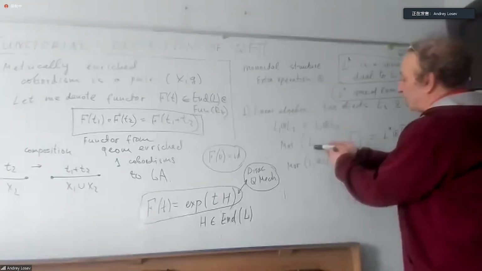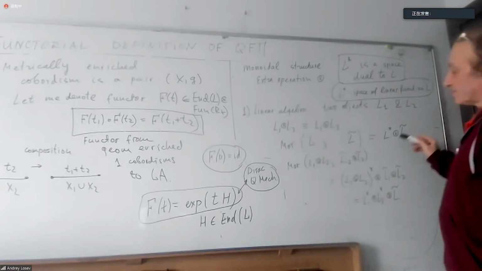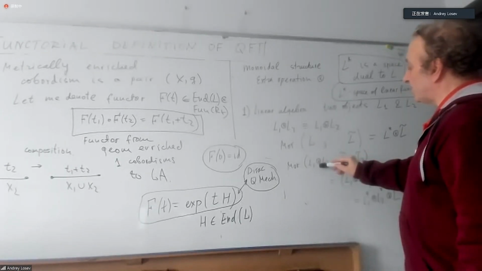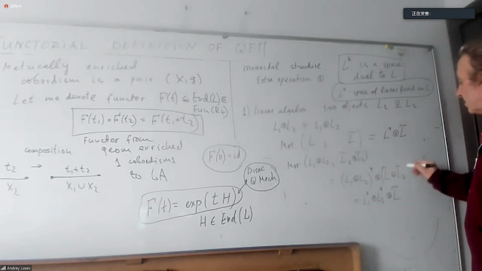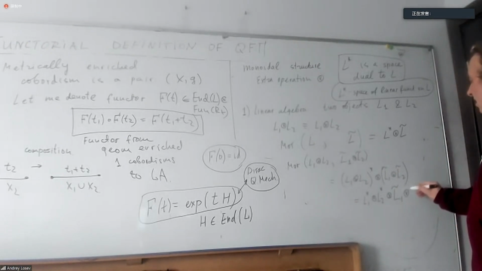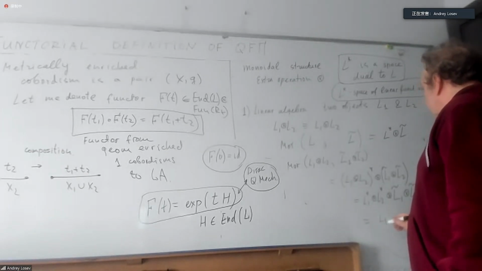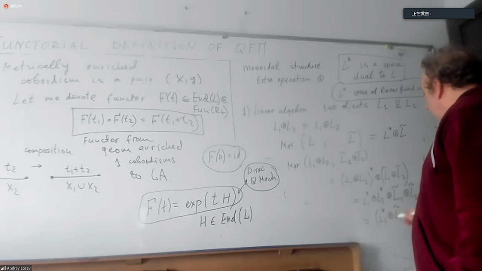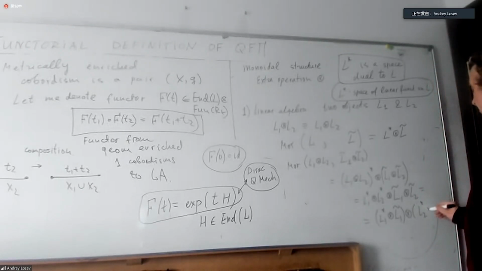So morphisms between L and L tilde belong to this space. So what is the morphism between the tensor product here and the tensor product here? It is something like this. But I can rewrite it as L1 star tensor L1 tensor L2 star tensor L2.